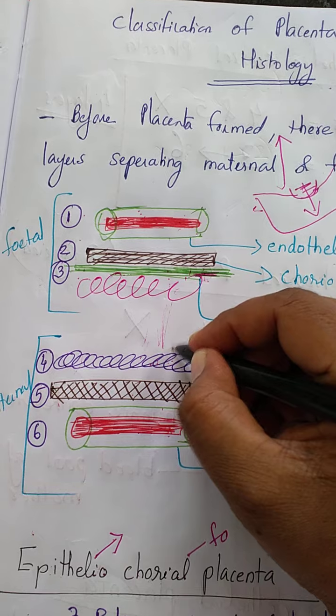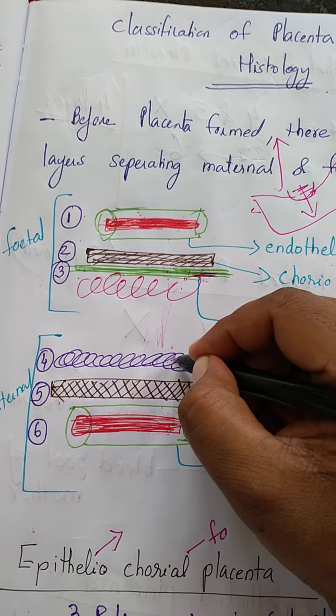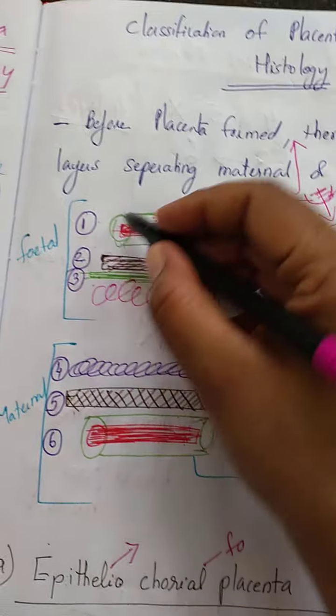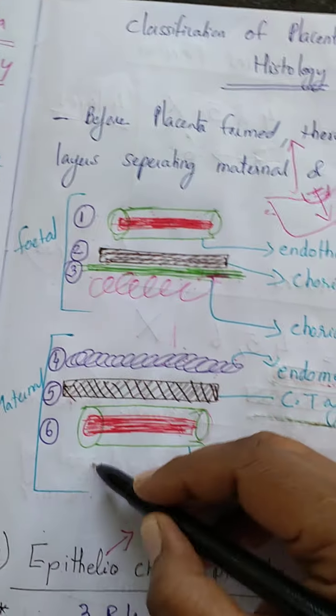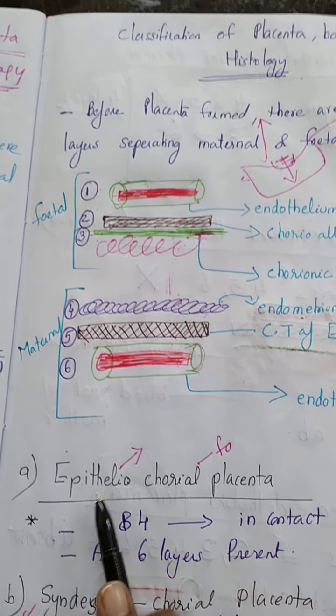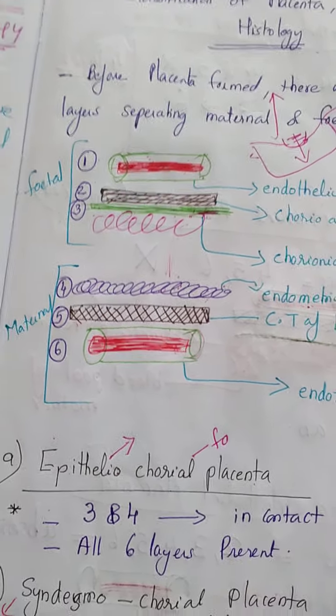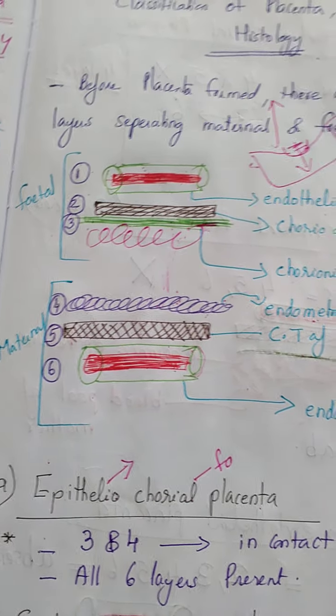So both of them are touching each other. The remaining layers are intact, meaning all the 6 layers are present. That is the type called epitheliochorial placenta. In which animal it is seen and all that, you check from the slides.